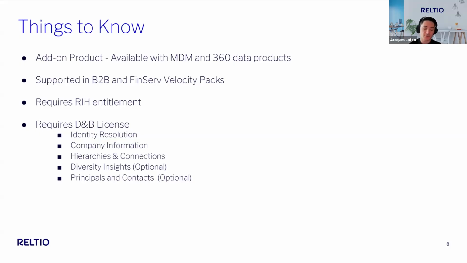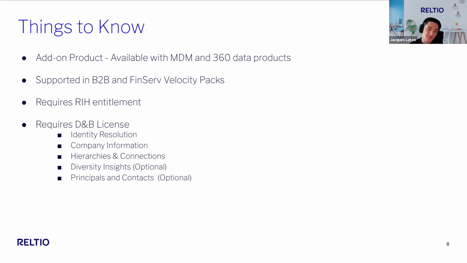And the same thing holds true with API utilization. So for example, when we're ingesting data back from DNB, we're actually leveraging the Reltio entities API. So those requests will count towards your existing quotas and limits. It's also worth calling out that this product requires a DNB license.